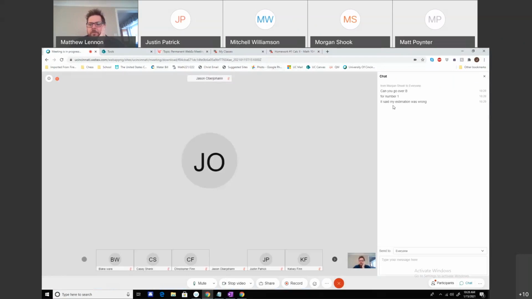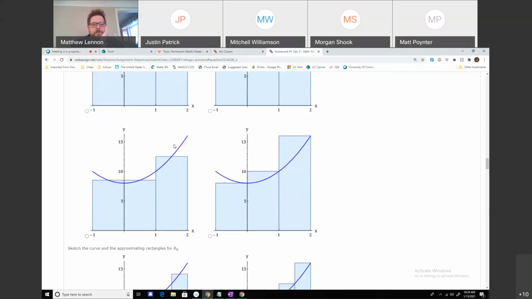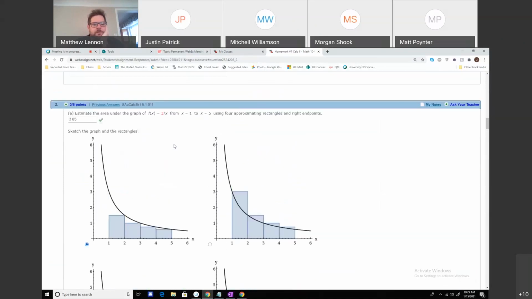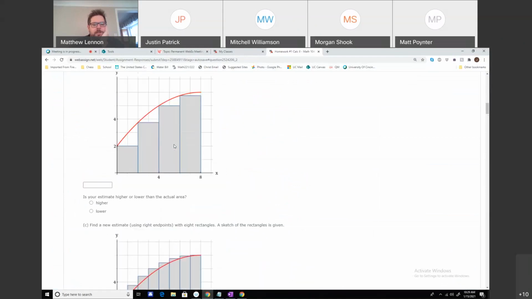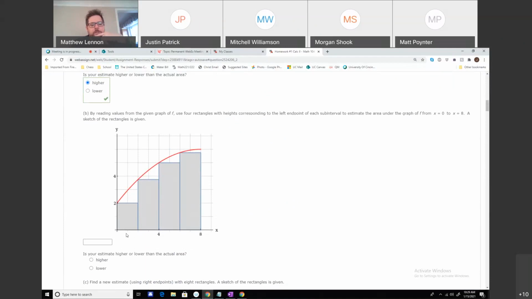Can you go over B for number 1? It said your estimation was wrong. We can look. So back to number 1, B. That's just using the graph. Again, like I said, it can be a little bit tricky. The width was 2 for each of these, and then I would say the heights are going to be 2, 3.75, 5, and 5.75.